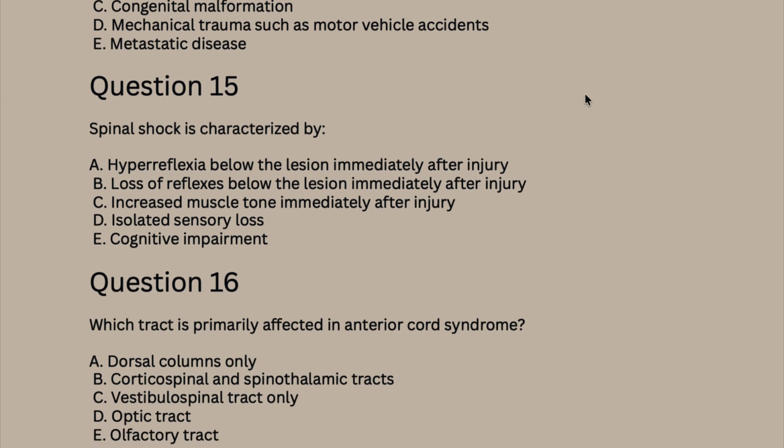Let's look at question 16. To summarize the question, arterial cord syndrome primarily affects which tracts? So the correct answer will be the corticospinal and spinothalamic tracts. So the meaning of this is that patients lose motor function, pain sensation, and temperature sensation, but the dorsal columns remain intact.